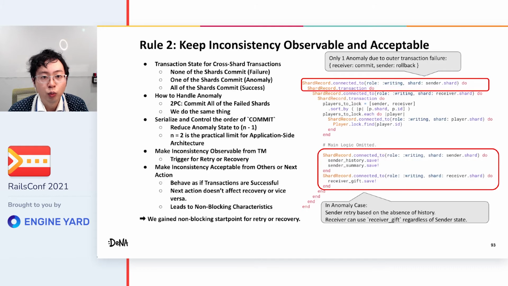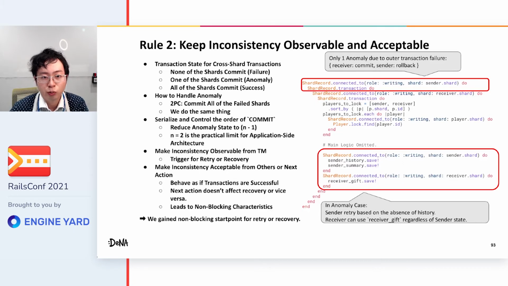After that, we make inconsistency acceptable from others, or from the next action. We let the inconsistency behave as if the transactions are all successful. Also, the next action should not affect recovery or vice versa. This practice leads to non-blocking characteristics.